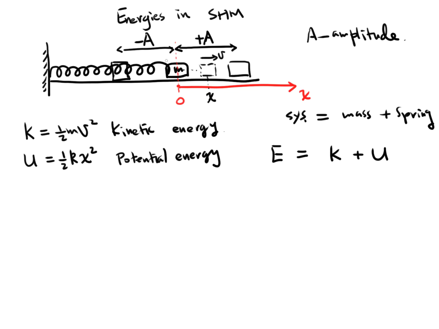And since the spring force is a conservative force, if you don't know what conservative force is, then you can go back to the chapter where we define the potential energy to look at its definition. So F spring, the spring force, is a conservative force.